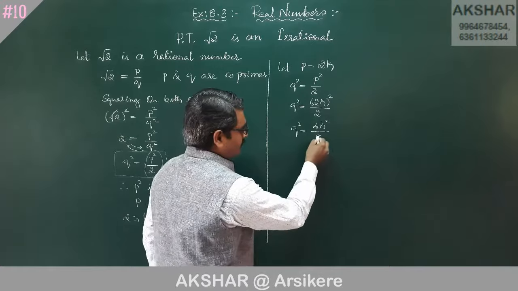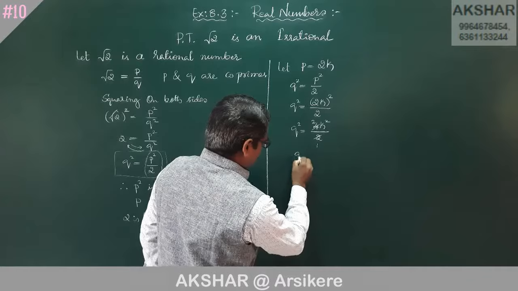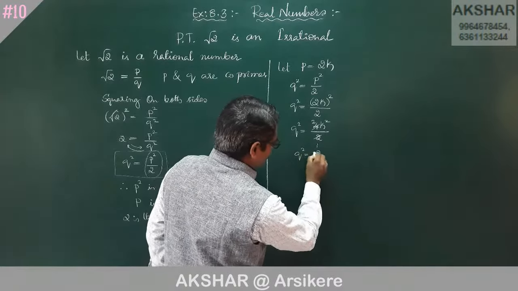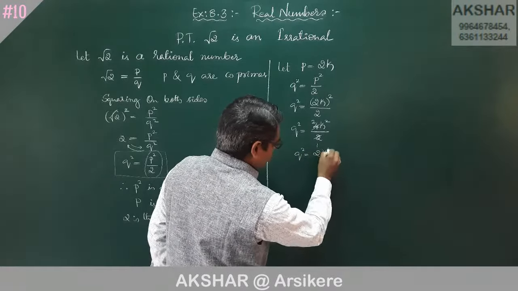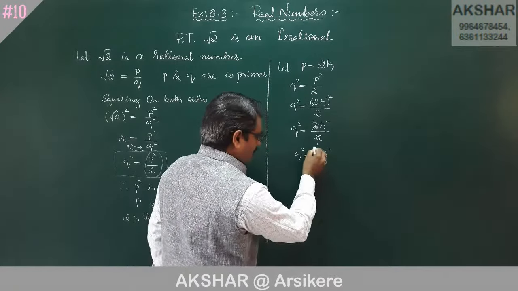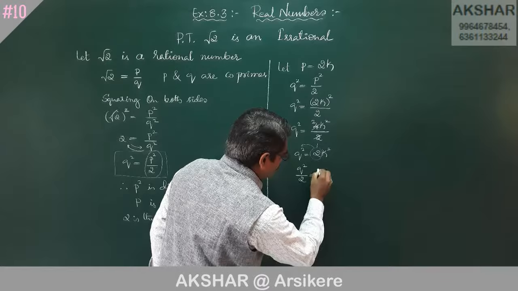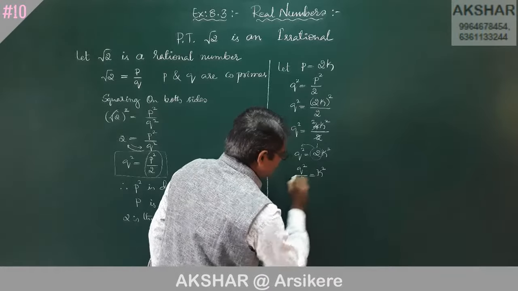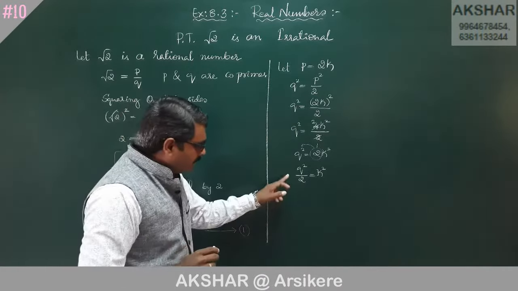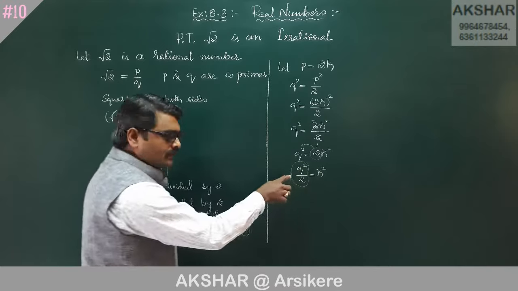Observe here my dear children, 2 twos are 4, right? So q square is equal to 2k square. You transfer 2 from RHS to LHS, it becomes q square divided by 2, which is equal to k square, right? Here also my dear children, we obtained q square by 2.